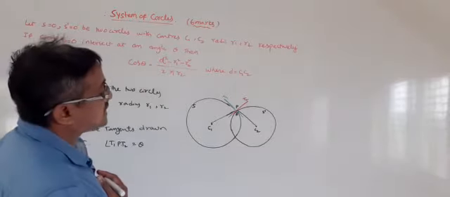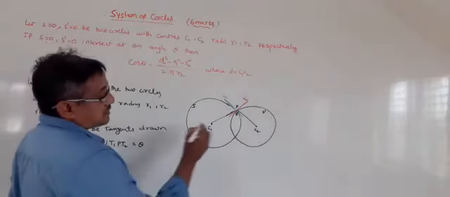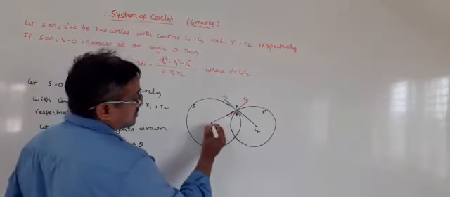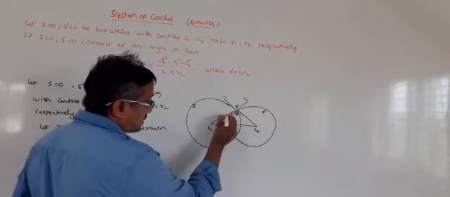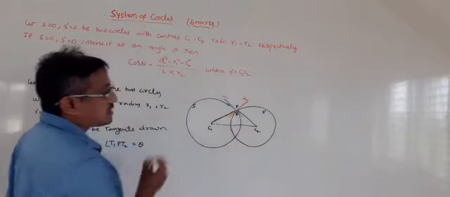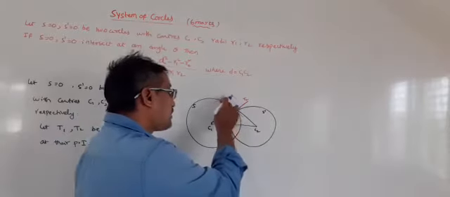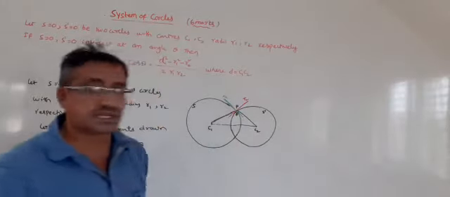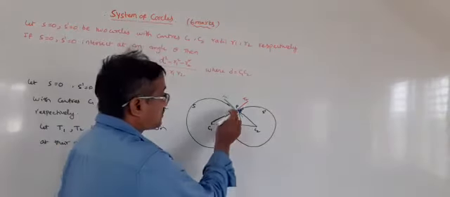Now from this diagram you can observe that this line is the normal drawn at the point of contact of the tangent T1. You have to observe carefully.